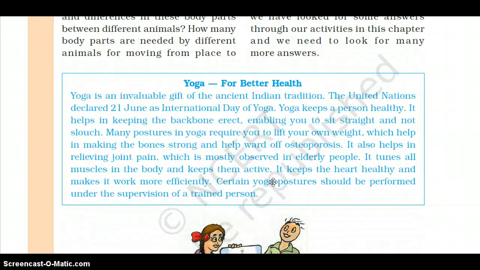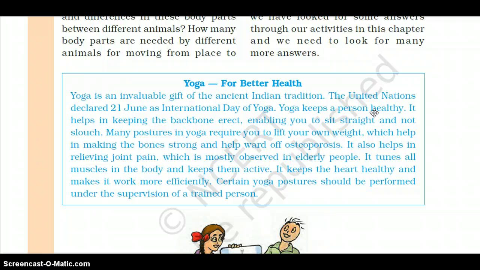Now yoga. Yoga is a gift of Indian tradition, and the United Nations has declared 21st June as International Yoga Day. Why is yoga important? Because it keeps a person healthy, and it gives a proper shape to your body. Your bones become fit.